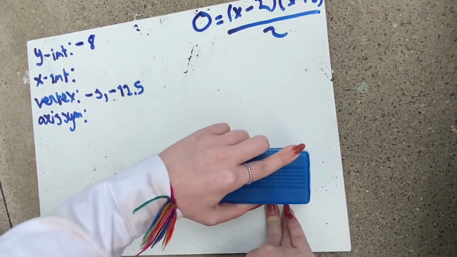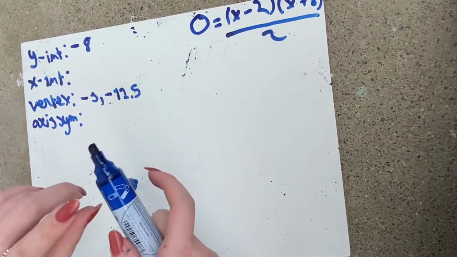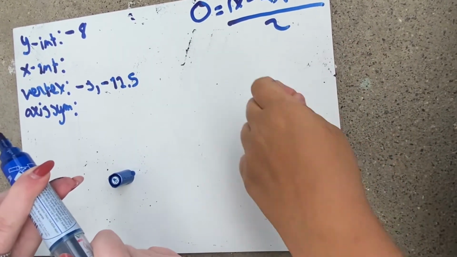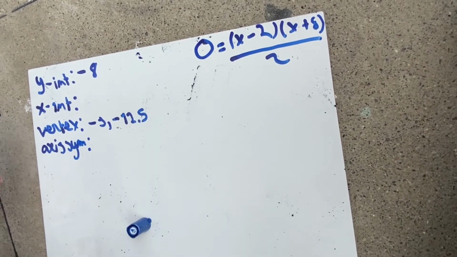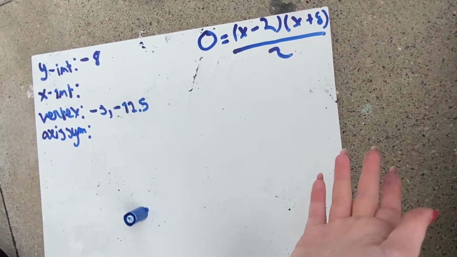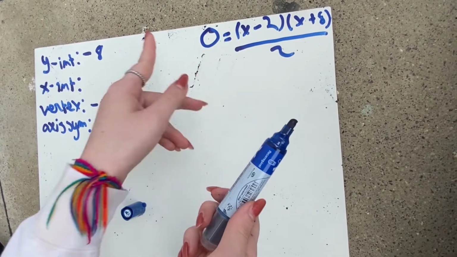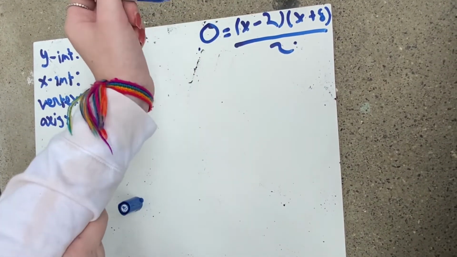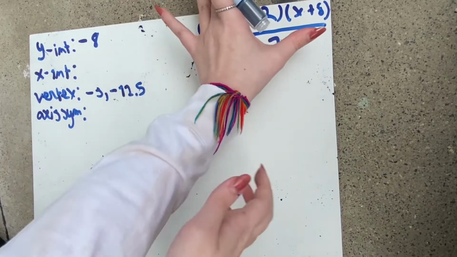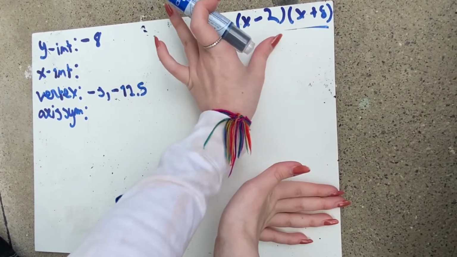Perfect. Didn't you get rid of this and put it on the other side? Yeah, no, not for this part, sorry. So now we're going to find the x-intercepts, and that's when this is 0. So now you can put this on the other side, times 2, 0, got rid of it.